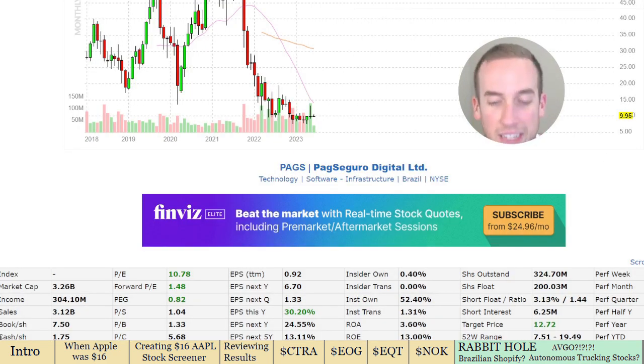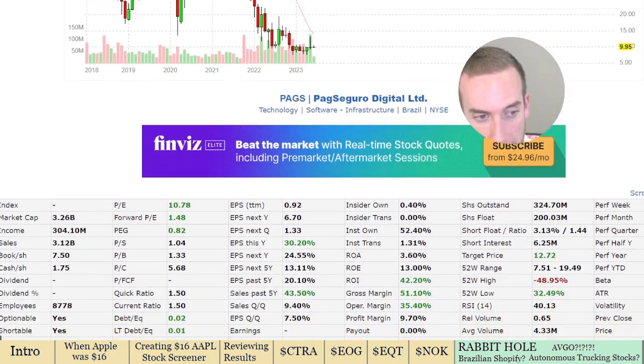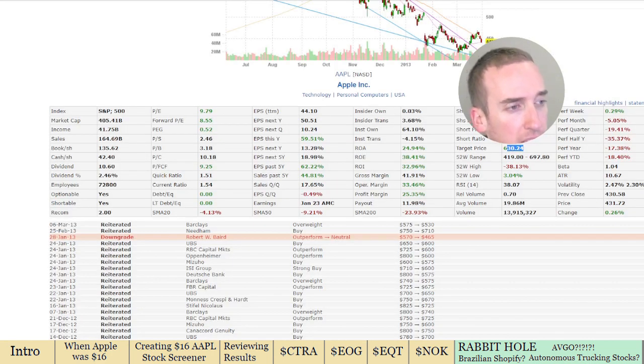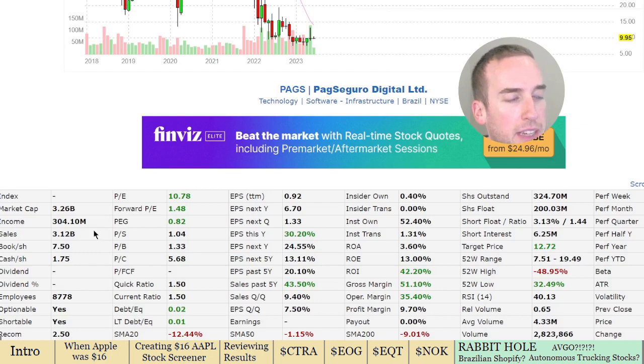A lot of stuff here, but overall I like this stock. I do like this stock. This is one that could be Apple-like, in my opinion. We'll go back to Apple over here. They're at 164 billion in sales. The PEG is not there, but give it some time.